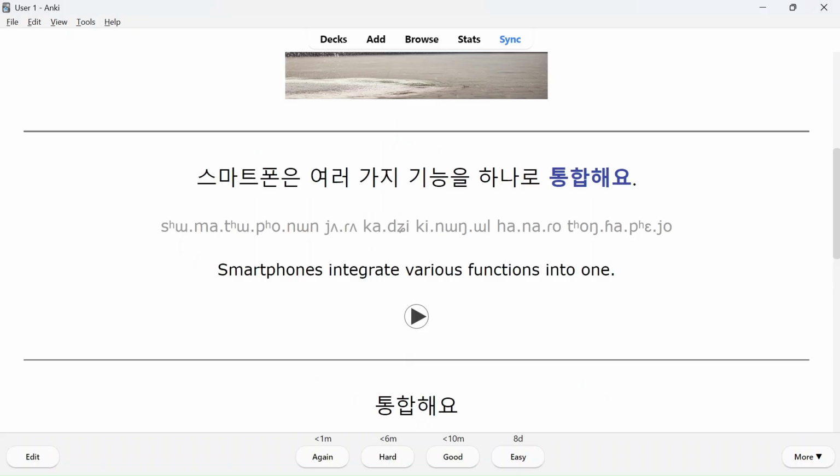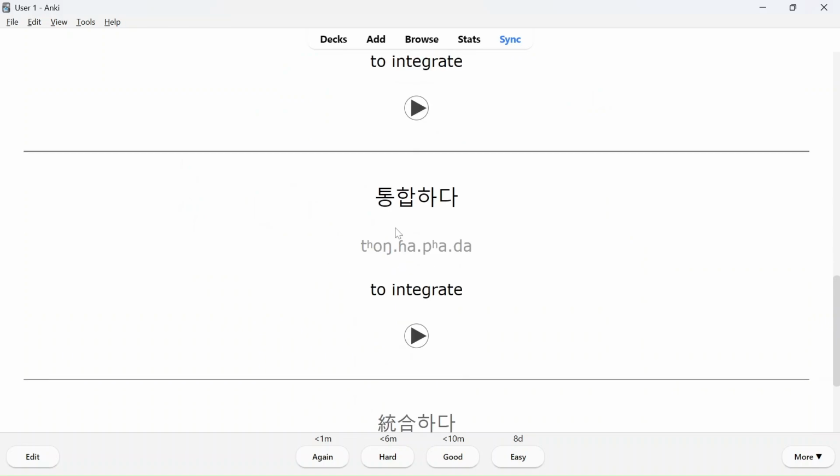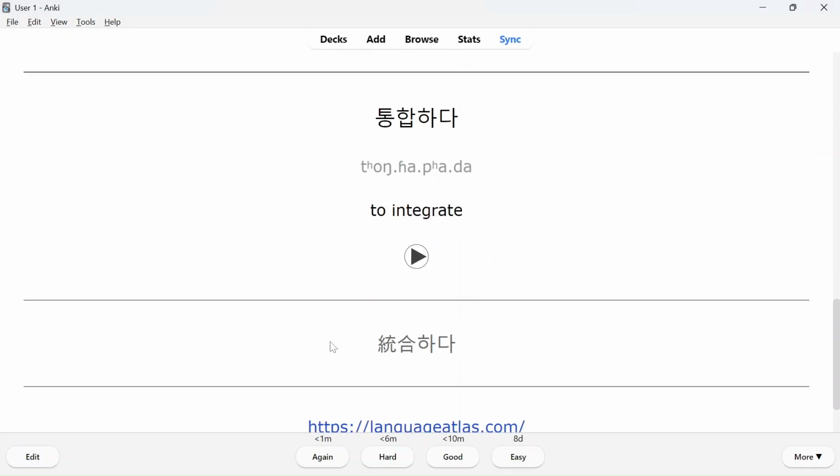And you can see the sentence uses the polite form as well. Notice the yo ending. And over here we have the dictionary area with the dictionary form. And this is the base form. And this is the form that you would use to look up the word in the dictionary. And notice the da ending. 통합하다. Great. And we have the hanja as well.